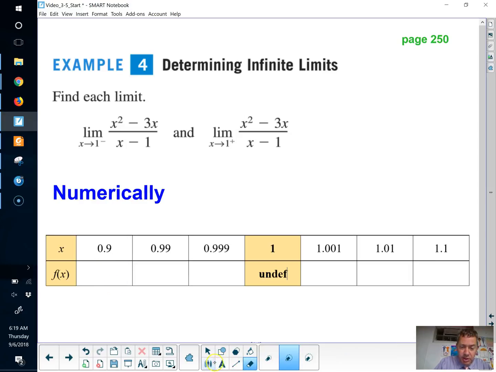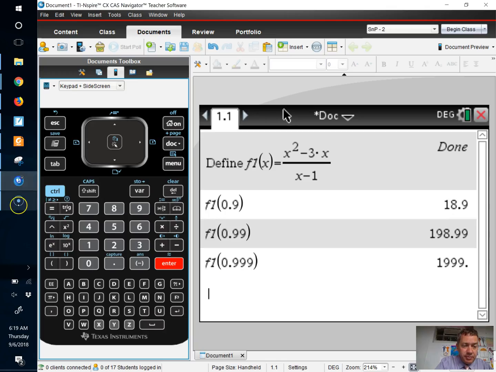Keep it color-coded. Then 198.99 and 1999 from the right.